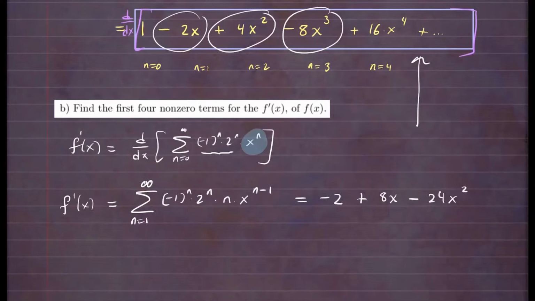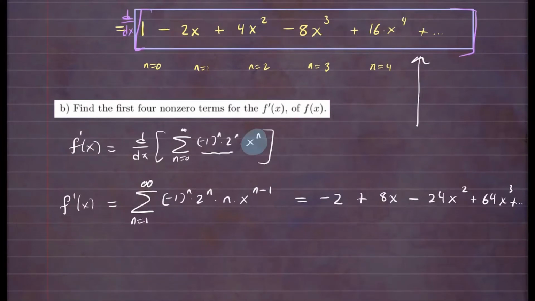And then the last one, you'll have plus 16 times 4, that will be 64x to the third, and so on. So there you have your 4 non-zero terms of the derivative. So we got it just by differentiating the formula, or you can also differentiate term by term and you get the same formula. So this will be the answer to the second part.